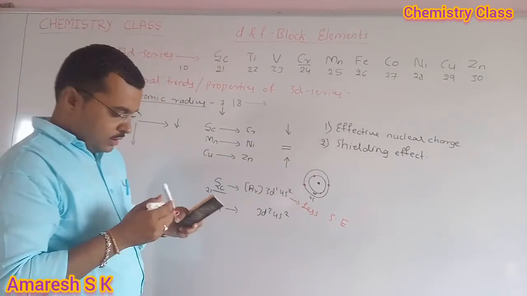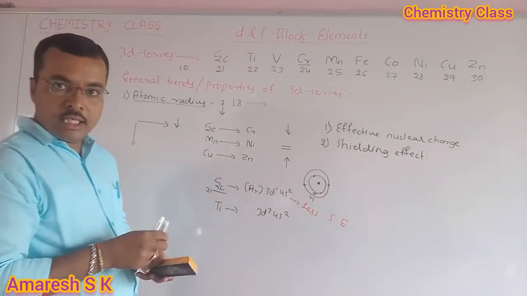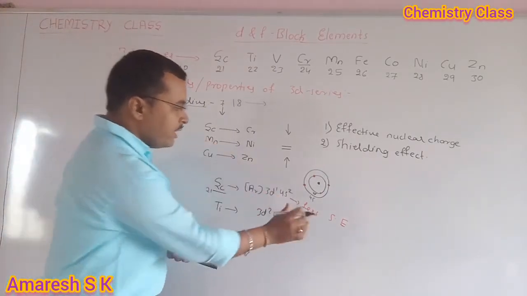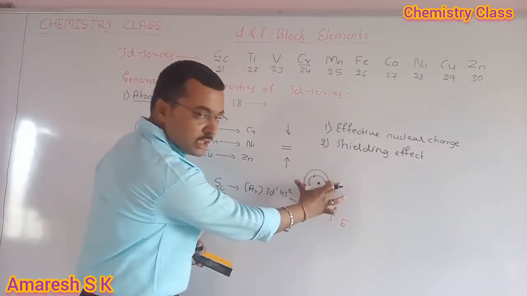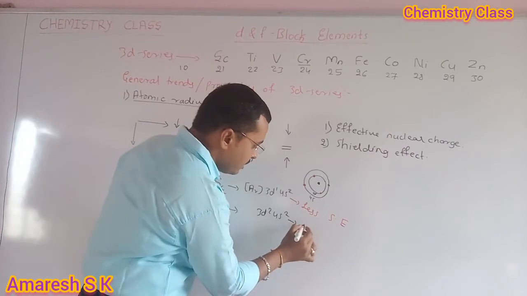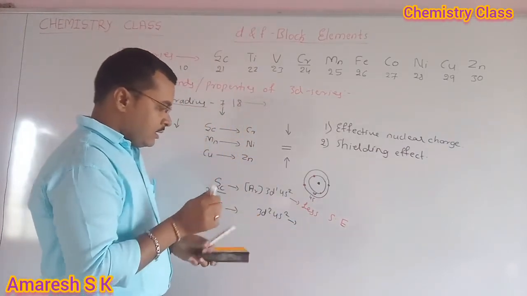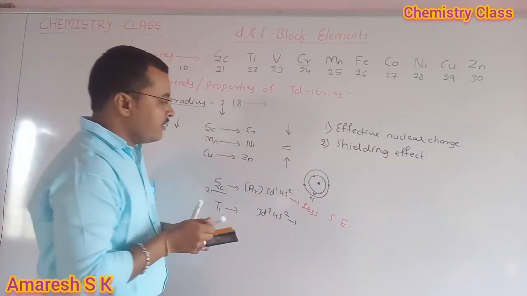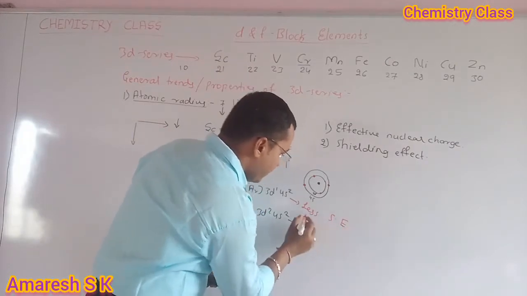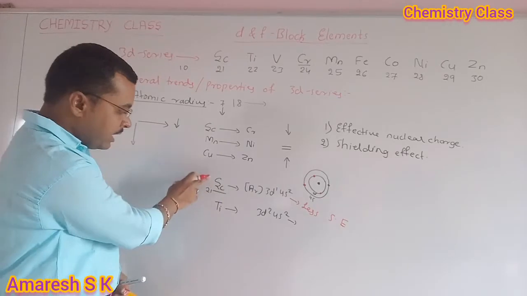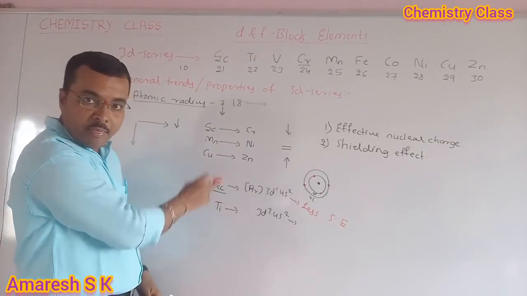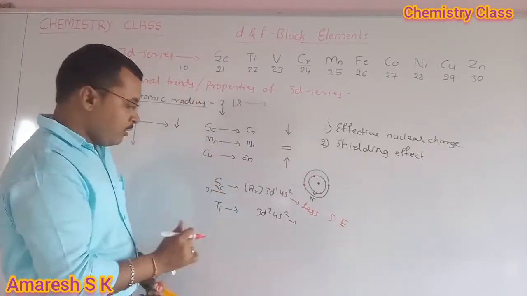Then also it will not shield much; there is a little bit of shielding between the 3d orbital and the 4s orbital. So the shielding effect increases as compared to scandium, and for titanium there is a decrease in the atomic size.